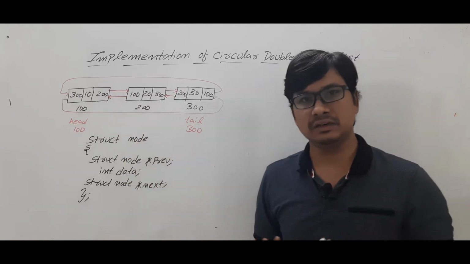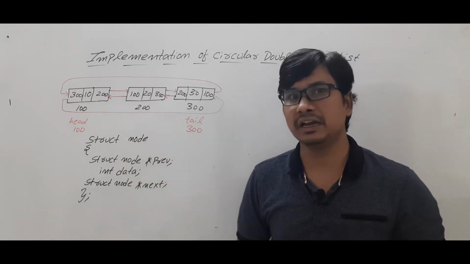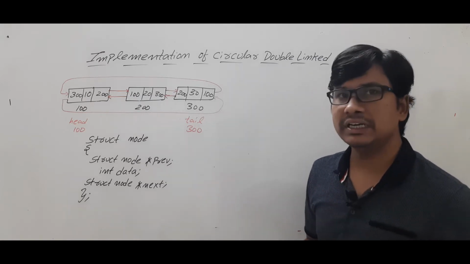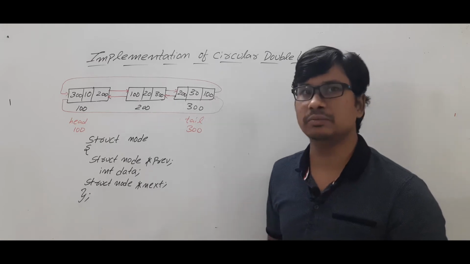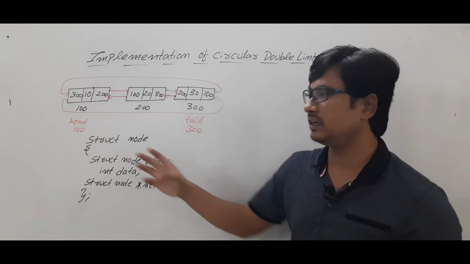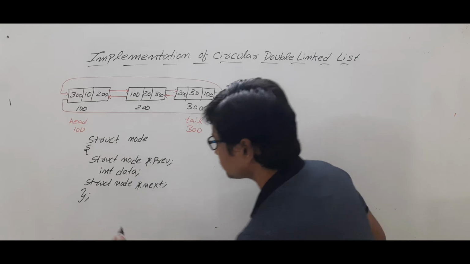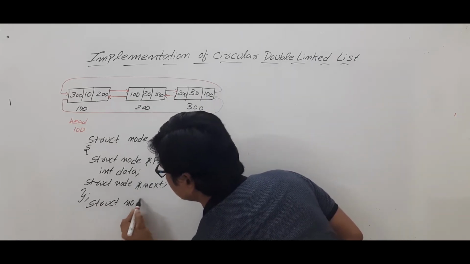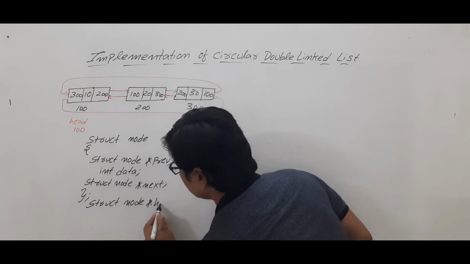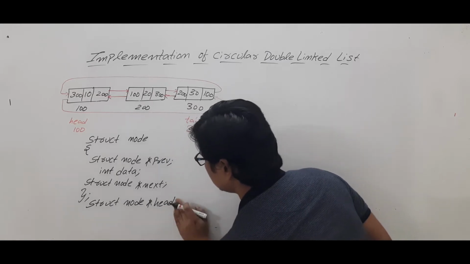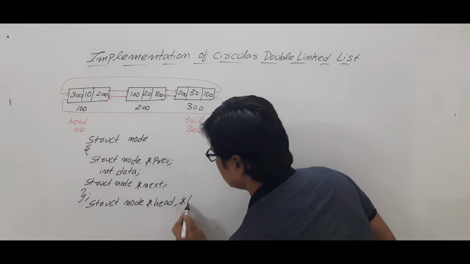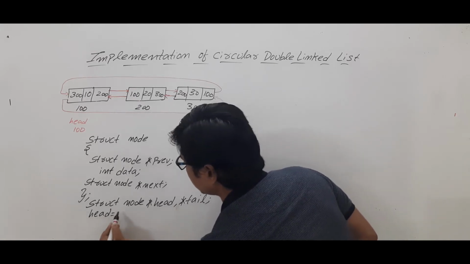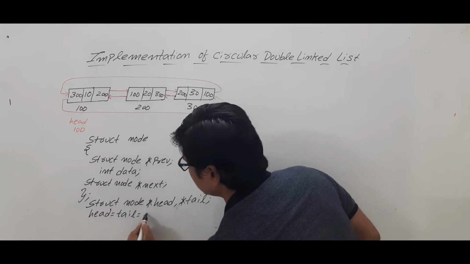Once we define the structure, memory will not be allocated until we declare the variables. So let me declare 2 structure variables which are pointers, head and tail. So I will write struct node, then I can initialize head and tail equal to null.